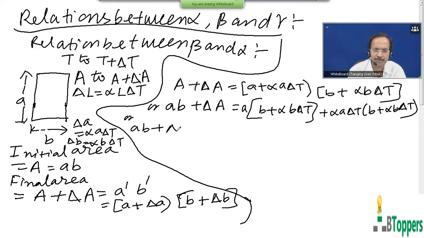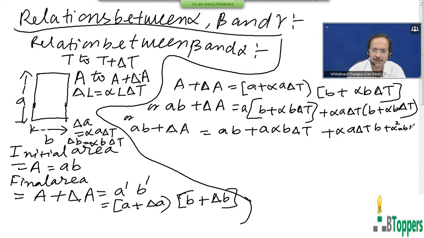Left side I am writing as it is, ab plus delta A. This you can write as ab, when you expand this, plus a alpha b delta T, plus again multiplying these two, alpha a delta T into b, plus alpha square into ab into delta T whole square. ab gets cancelled on both sides.